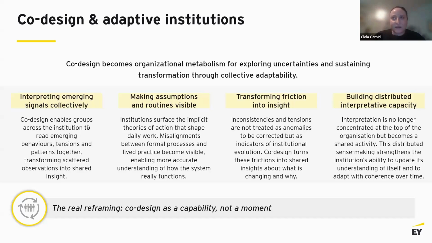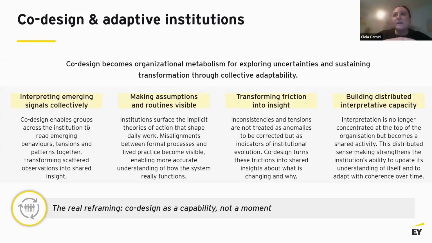So a learning-oriented institution is not just one that trains more people or evaluates more or documents more, but one that continuously revises the way the institution itself interprets emerging signals, for example, shifts in students' behavior, shifts in students registering to the university, changes in patterns from an operational model perspective, but at the same time, from the public perspective, tensions between policy and operational reality, clearly, and adjusts accordingly.